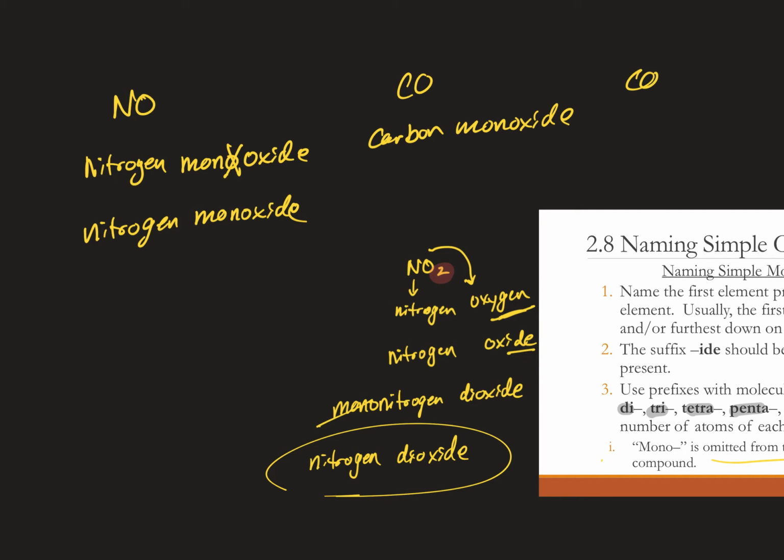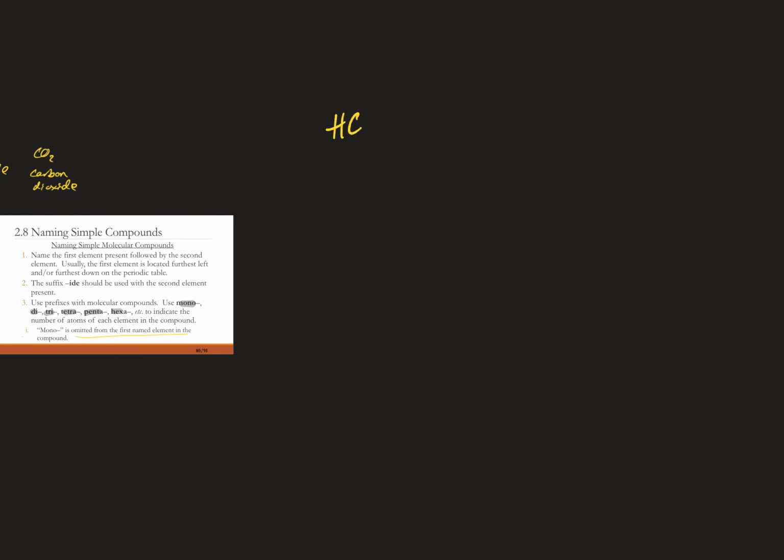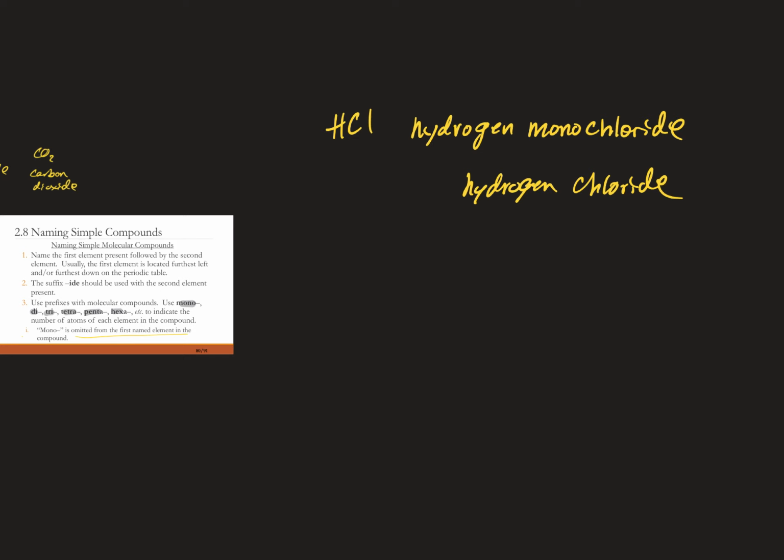And CO2 is carbon dioxide. All right, those, or when the first element, there's only 1 atom of those. Let me give you one more. HCl is hydrogen monochloride. It's acceptable, though, to say just hydrogen chloride. For whatever reason, no one cares for that particular one. That's why I wanted to bring that up.